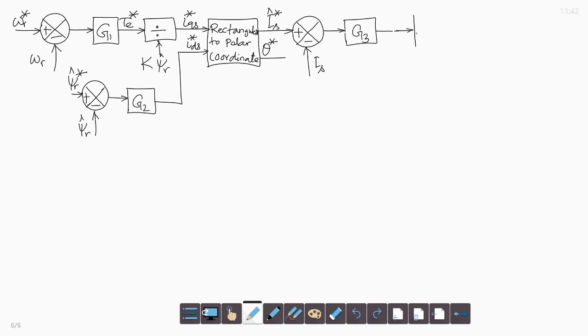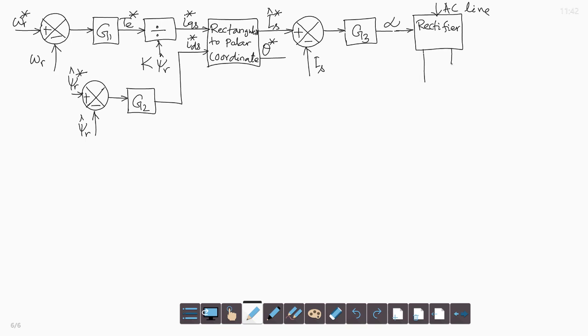This current controller generates the firing angle alpha for the rectifier controller. The rectifier has AC input and DC output.